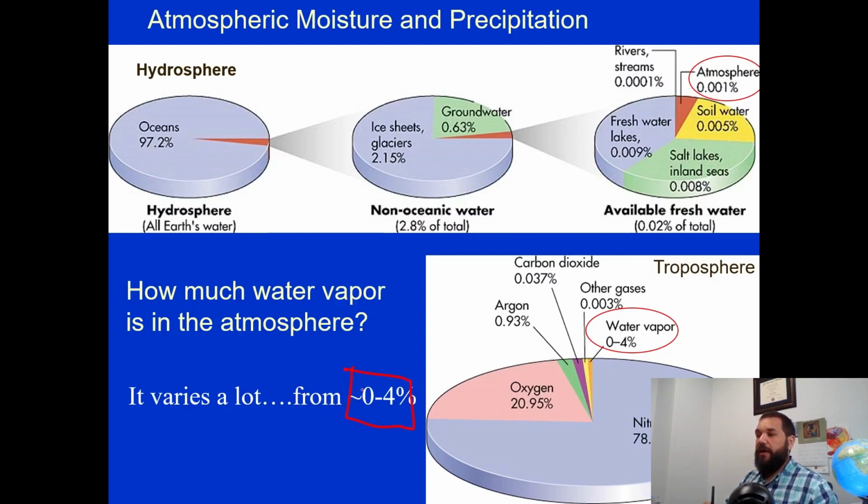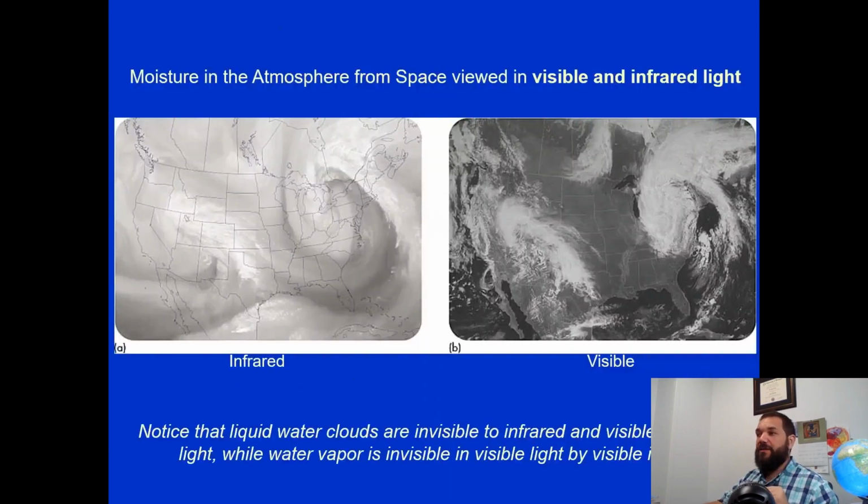So first of all, you know that the air can have anywhere from 0 to 4% water vapor dissolved into it, right? I know it's kind of weird to think of water vapor being dissolved into air, but it's very similar to how it is.